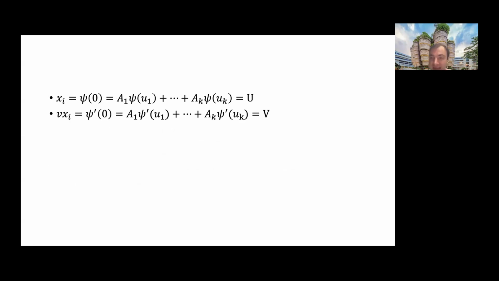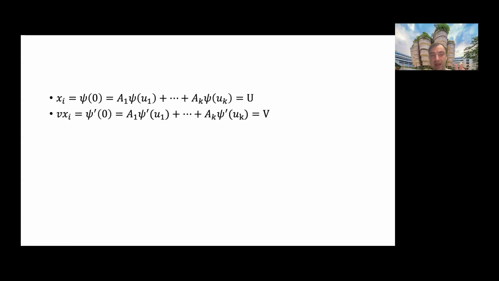how can we estimate from above the probability that the adversary can convince us that an incorrect file has the following link between two values of polynomials. So we can write xi, which is actually the value of psi in point 0, as a linear combination of responses from our k servers.